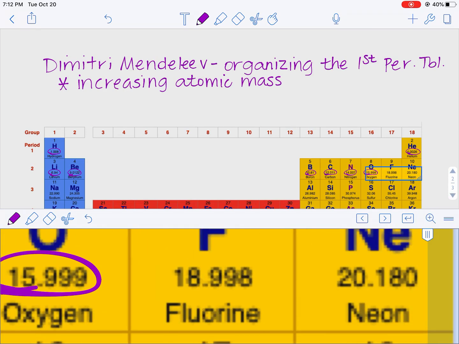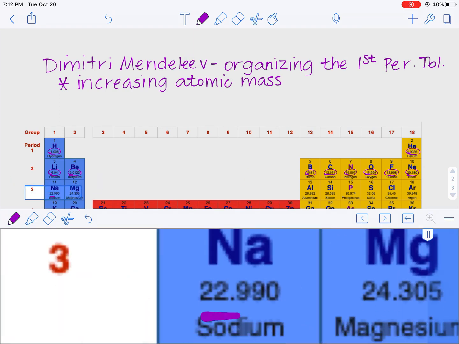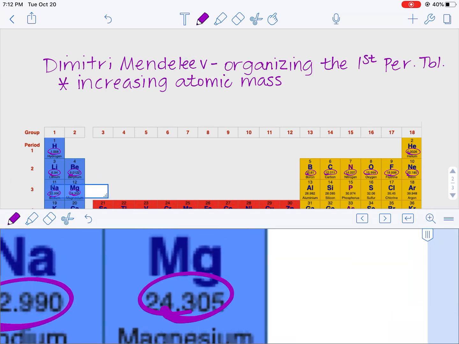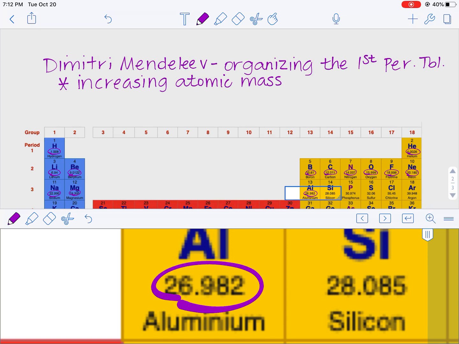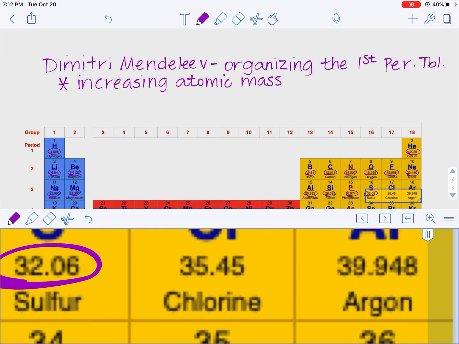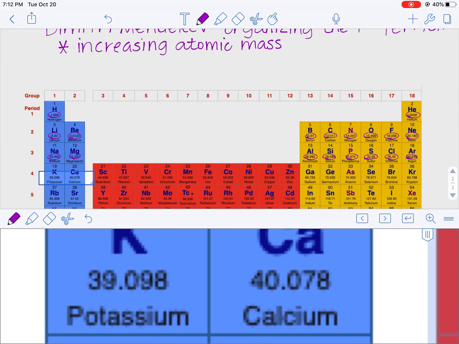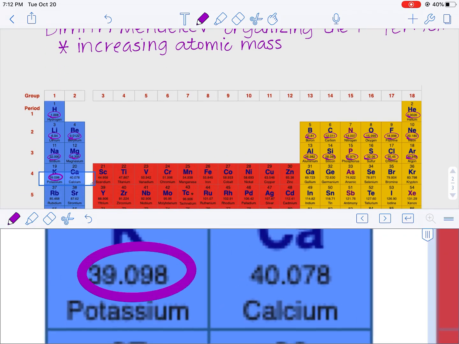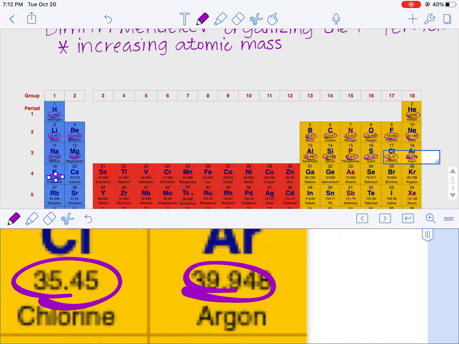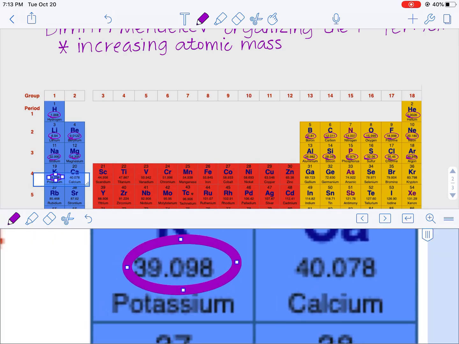Carbon, 12. 14, 16, 19, 20, 23, 24, 27, 28, 31, 32, 35, 40, 39. What? 39.9, that rounds to 40. 39.0, that's 39.